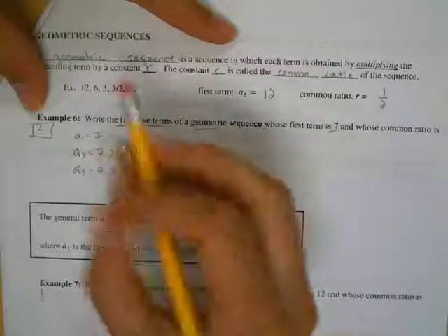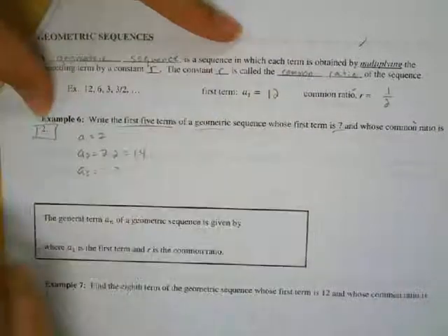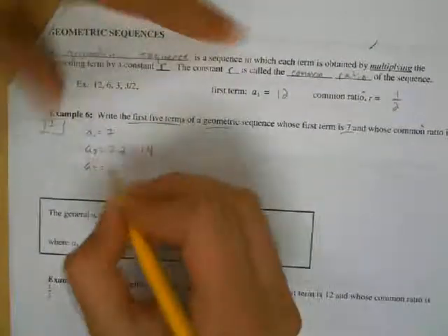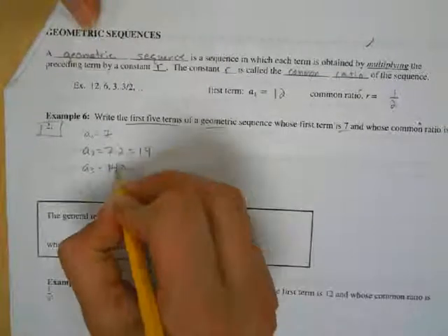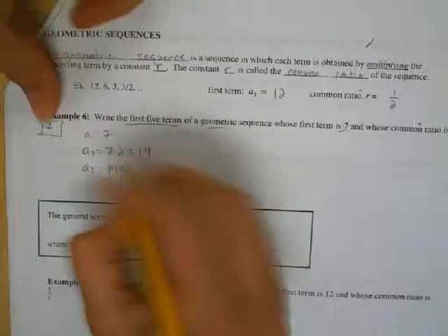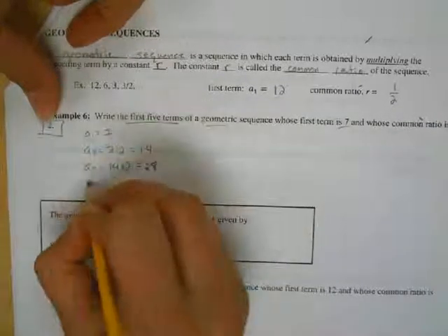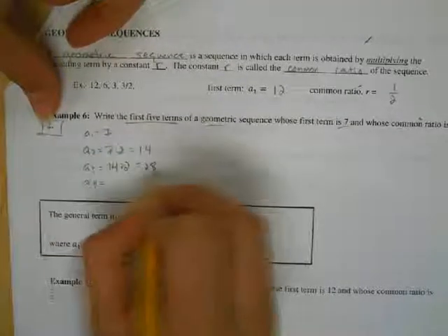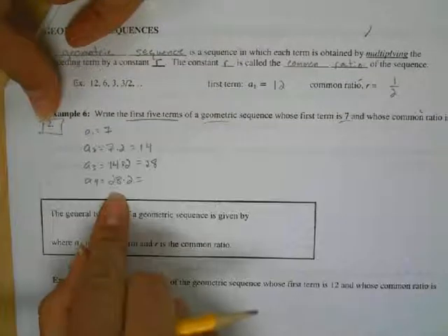Sorry. When I get to the third one, we don't do times 3. That was my fault. You take the second one, 14, and multiply it by 2, because my common ratio is 2. So you hit 28. On the fourth term, we would get 28 times 2, because we multiply by 2 the one before.